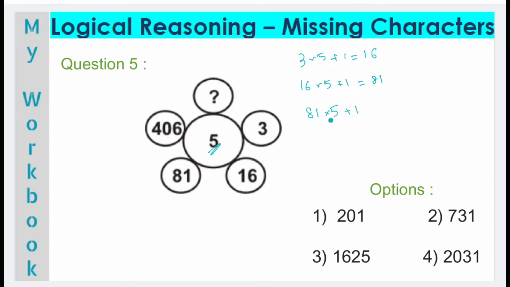What is 81 times 5? 405. Plus 1 will give us 406. So continuing in the same manner, 406 into 5 plus 1. It will be 2030 plus 1. So 2031. Option 4 is the correct answer.